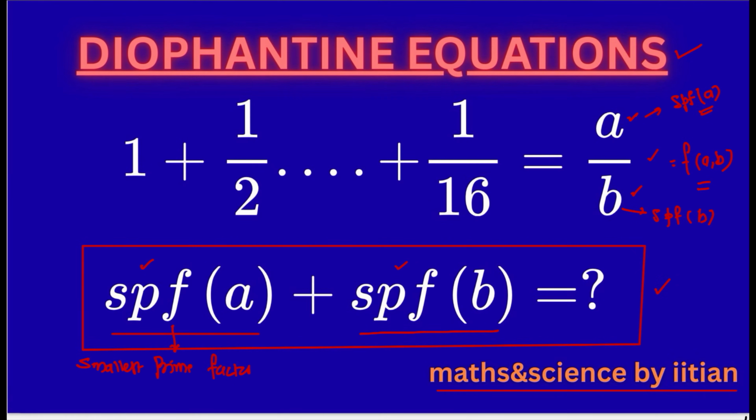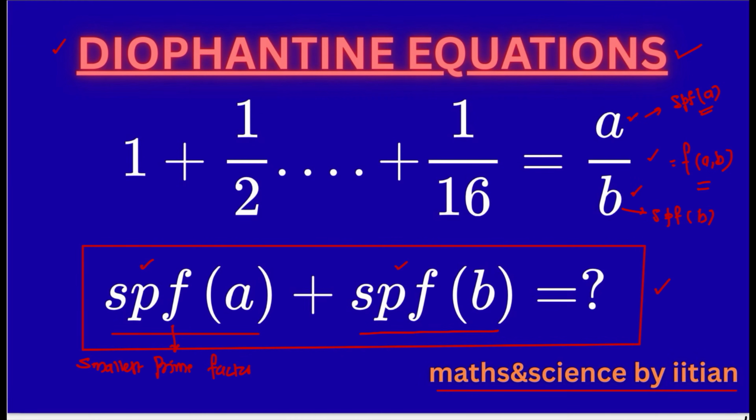Single equation, two unknowns, and both A and B are positive integers. Then can we treat it as a Diophantine equation? You please conclude on yourself.